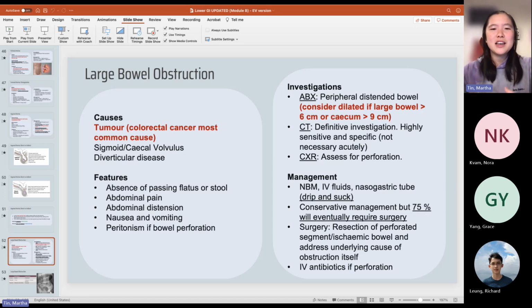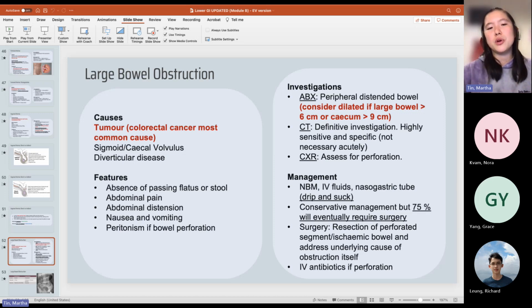The features of this, you can think through logically. If your large bowel is obstructed, you're going to get complete, absolute constipation. What I mean by that is not just that you're not passing stool, but also that you're not passing wind, so not passing flatus. This is an extremely crucial question to ask patients, because just not passing stool might not mean anything, but if they're not passing anything at all and they've got a distended abdomen and abdominal pain, this is alarm bells for large bowel obstruction.